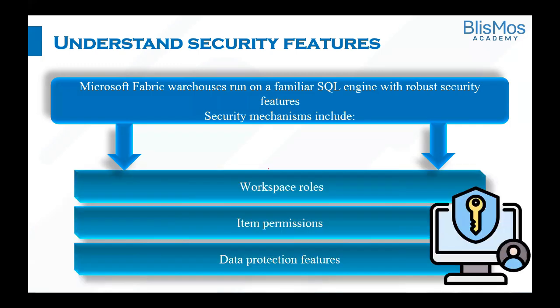One is workspace roles. Second is item permissions. The third is data protection features. So when we look at the security aspects of a Fabric warehouse, we should look at these three dimensions: workspace, item, and data protection. Okay, let us look at them one by one.